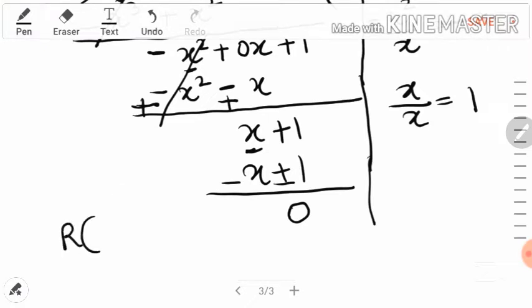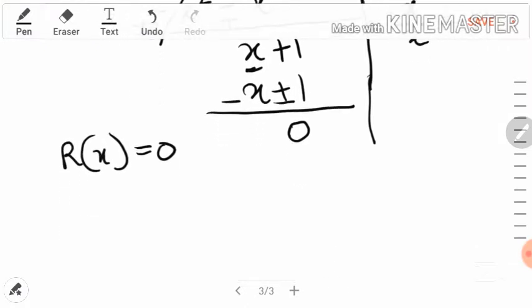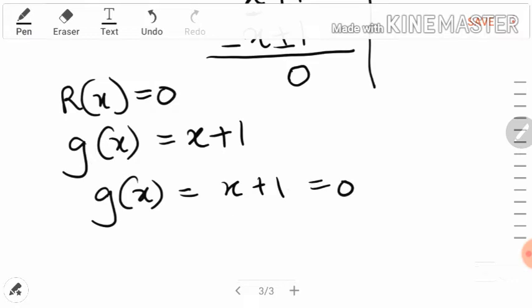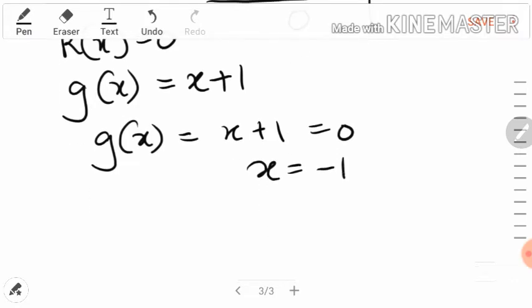In this case, the remainder is 0. The divisor is x plus 1. Now let's equate the divisor to 0. Solving this equation, we get x equal to minus 1.